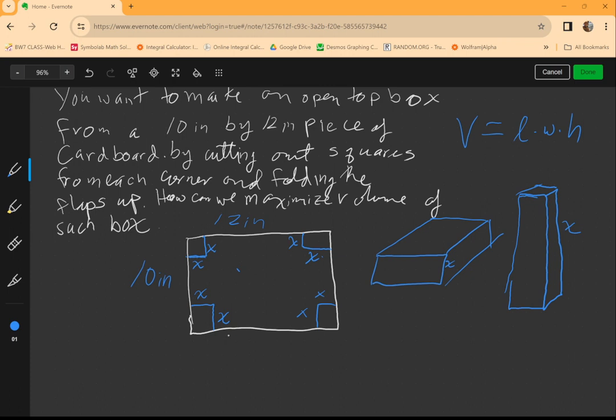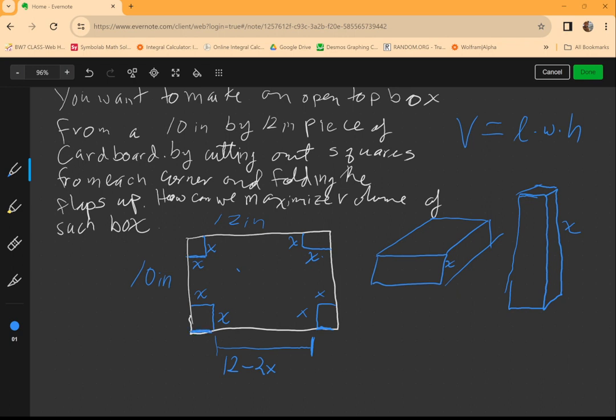It's the base here. So the length here is always going to be this portion here, which is not 12, because I've removed 2x. The 2x comes from this corner here and then this corner here.